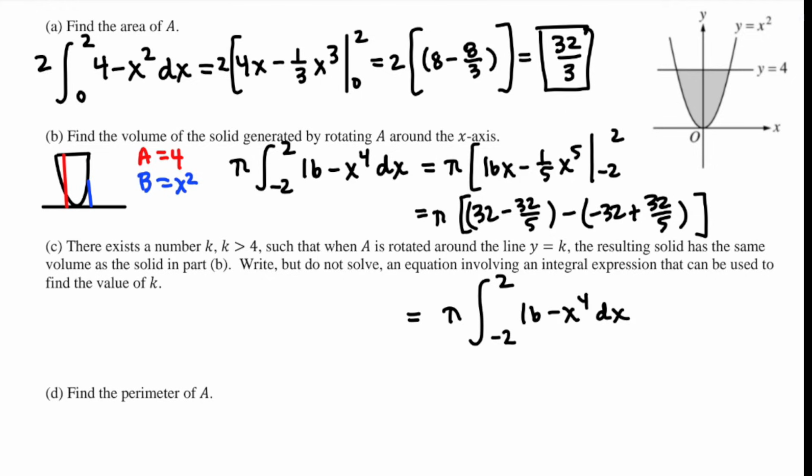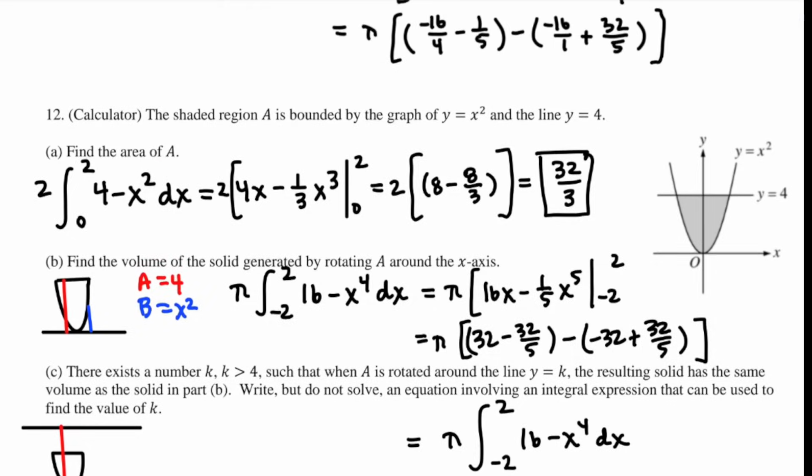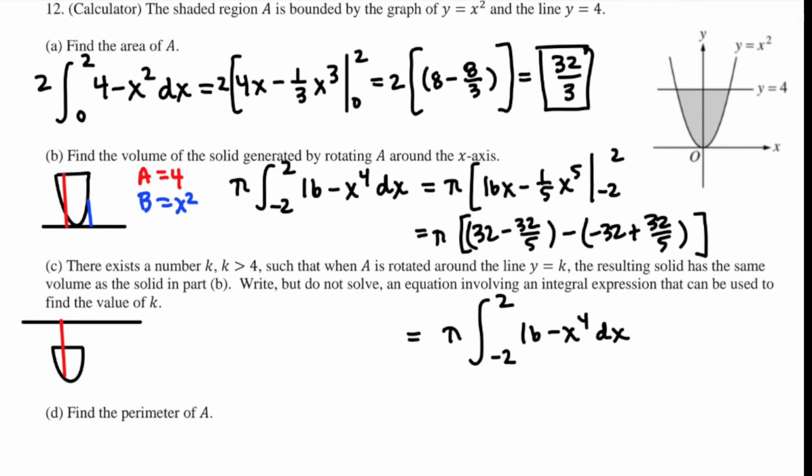Okay, then over here, if we are going to rotate this thing around the line y equals k, then the large radius would be k minus f of x. We don't have f of x, but it's just x squared.